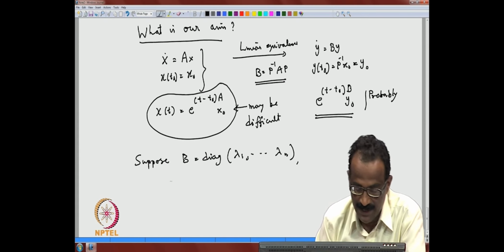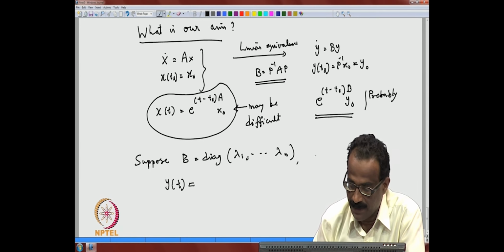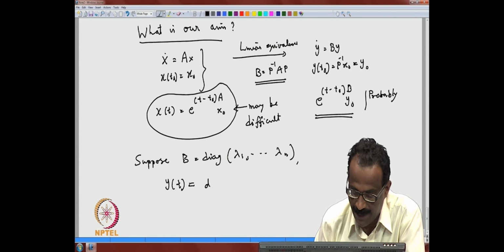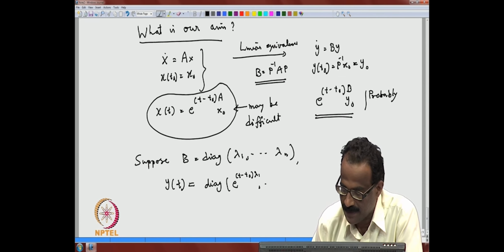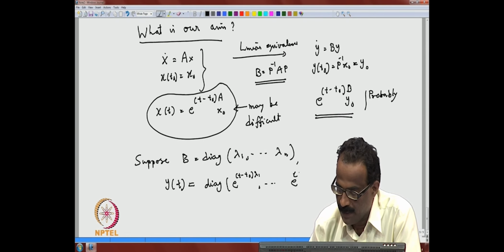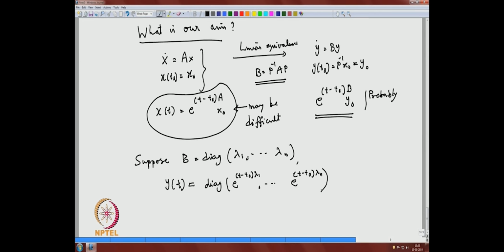The solution y(t) you can immediately write: it is the diagonal matrix with e power (t minus t naught) lambda 1 up to e power (t minus t naught) lambda n, acting on y naught. What is y naught? P inverse of x naught. So this is your y(t).